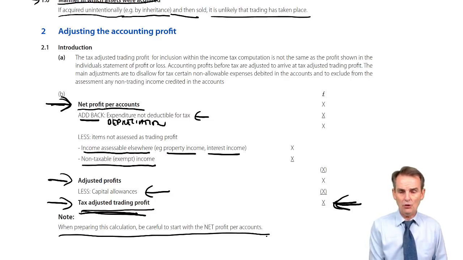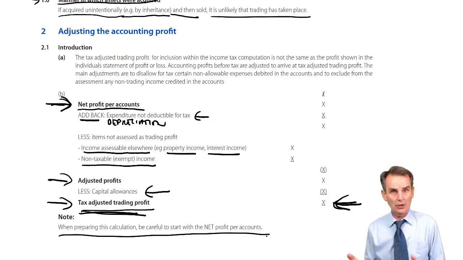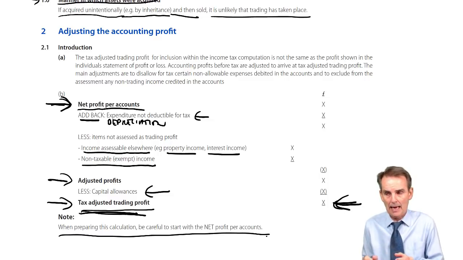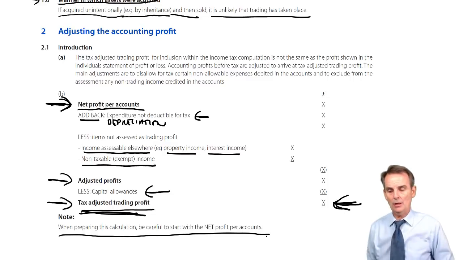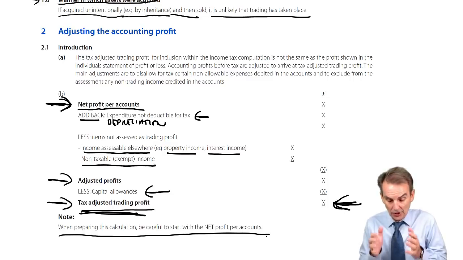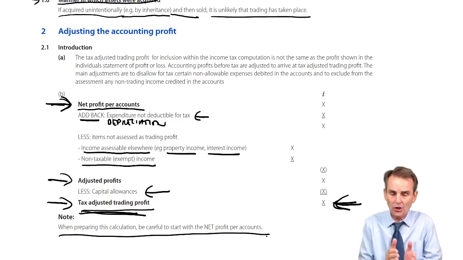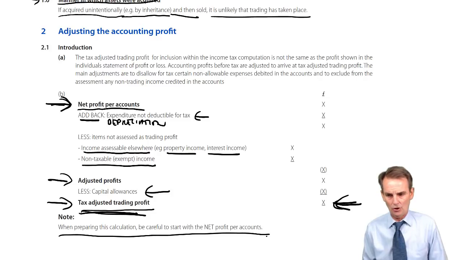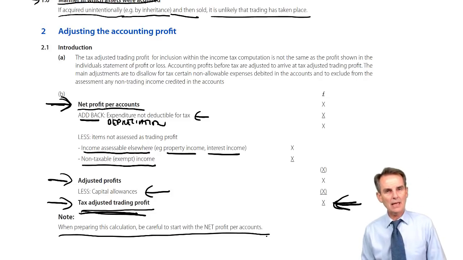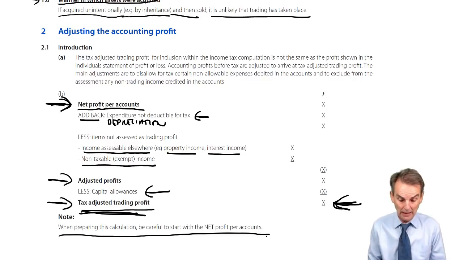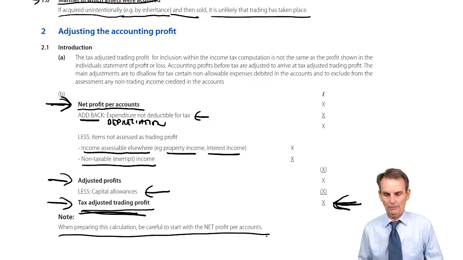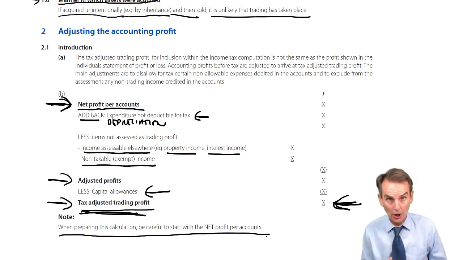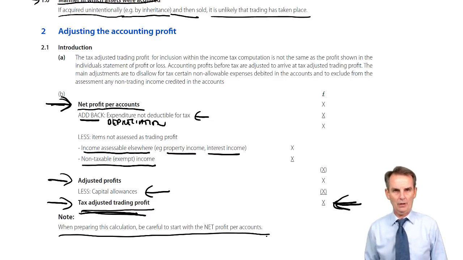Self-employed individuals and of course trading companies will have trading income. So both in income tax that we're dealing with now and later in your studies, corporation tax, you'll still have to do this process: adjusting the accounting profit to make it acceptable for taxation, computing and deducting capital allowances, and getting your tax adjusted trading profit, not just here in chapter 4 and chapter 5 for an individual, an unincorporated trader, but also for a company.